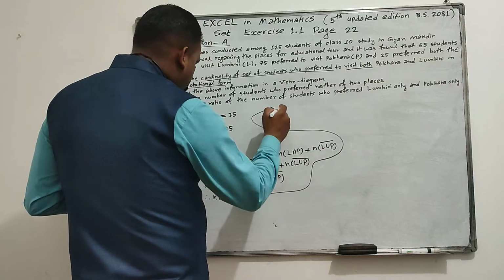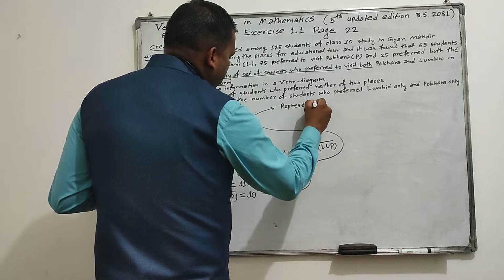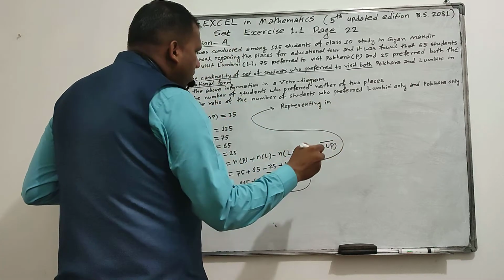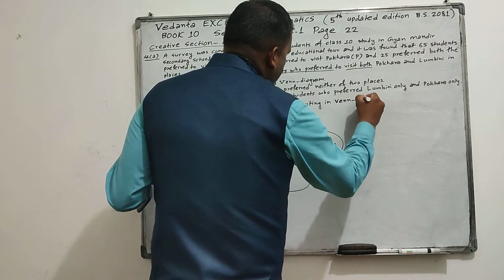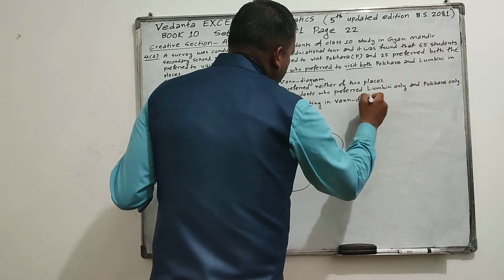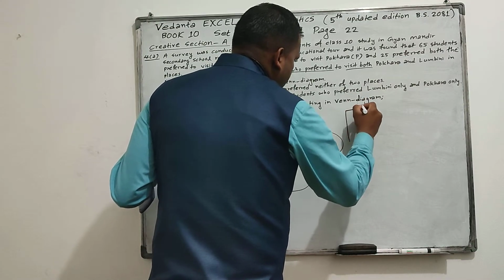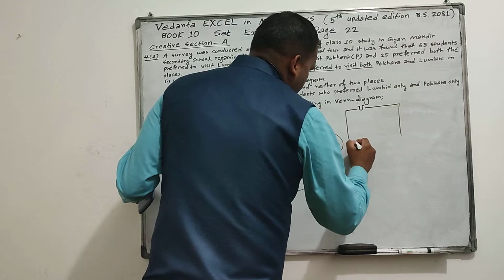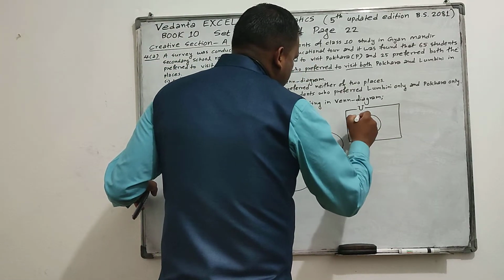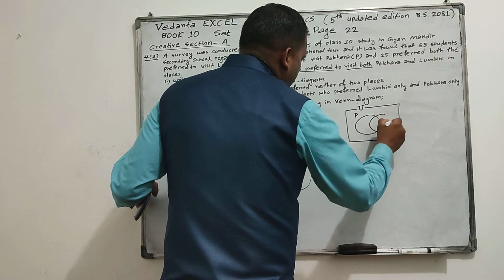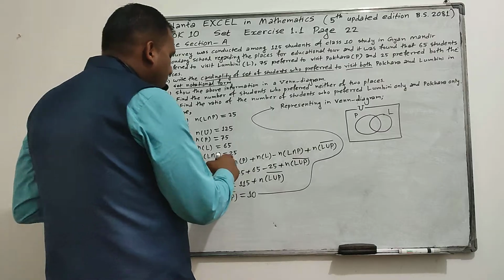After this, representing in a Venn diagram. Representing in a Venn diagram: U, then inside U, two subsets, Pokhara P and Lumbini L. Who visit both, that is 25.